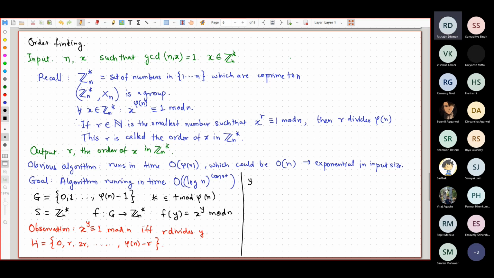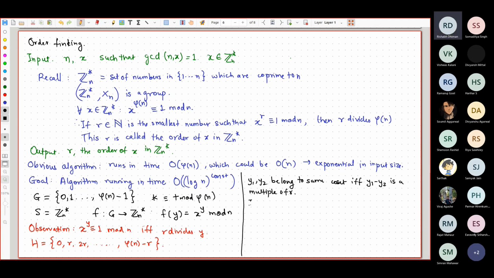So you mean to say that y1, y2 belong to the same coset if and only if y1 minus y2 is a multiple of r. Good. So now what do we want to prove? That y1, y2 belong to the same coset if and only if f of y1 is equal to f of y2.